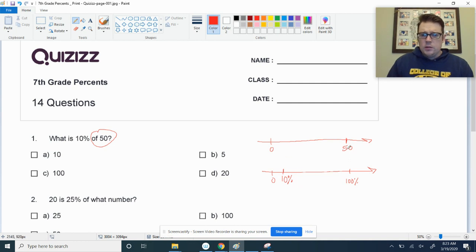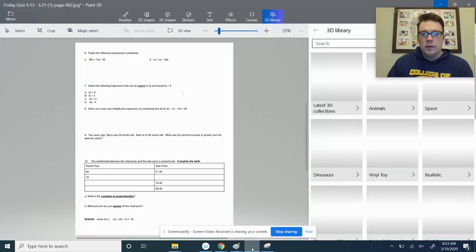So as always, you can cross multiply the 10, 50, and then divide by the 100 to find out what this is. This is actually a mental one too. 10% is just taking a tenth of whatever you have. So you think, how many times will 10 go into 50? And it makes sense that it lands at the 5 on the double number line. You also would have gotten that if you would have cross multiplied and divided.